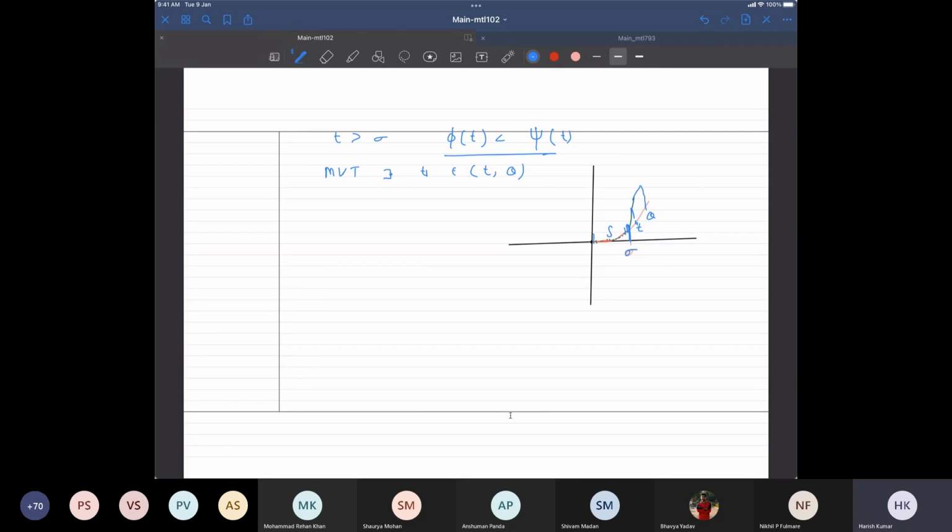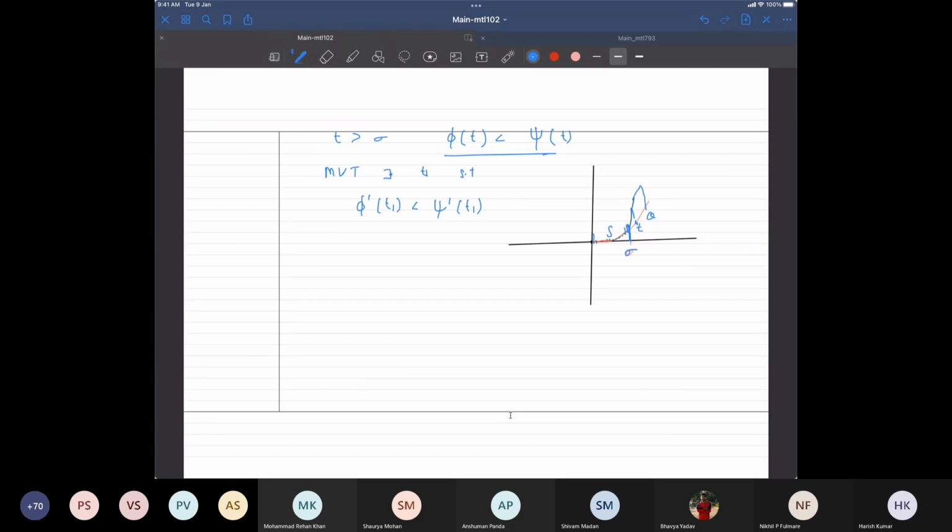Actually I don't need t comma theta either; somewhere this will exist. There exists t1 such that phi prime t1 is less than psi prime t1. That is obvious because the upper function has to increase faster than the lower function, since they started at the same value. So by the mean value theorem, we get this result.